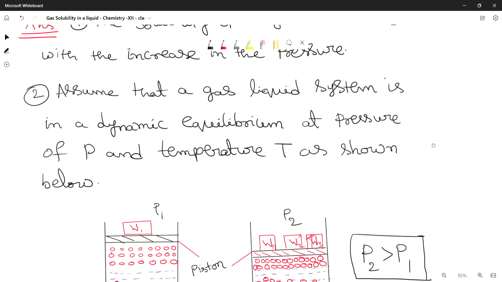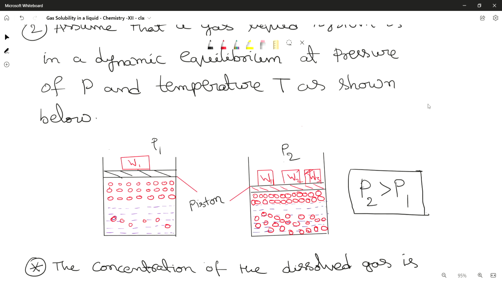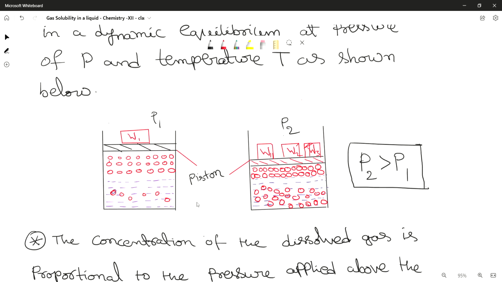In situation 1, there is a piston with a weight W1 applying a pressure P1, and the gas is in dynamic equilibrium with the liquid. Some gas is dissolved in the liquid; the red dots are a representation of the gas dissolving inside the liquid, and some gas is above the liquid.